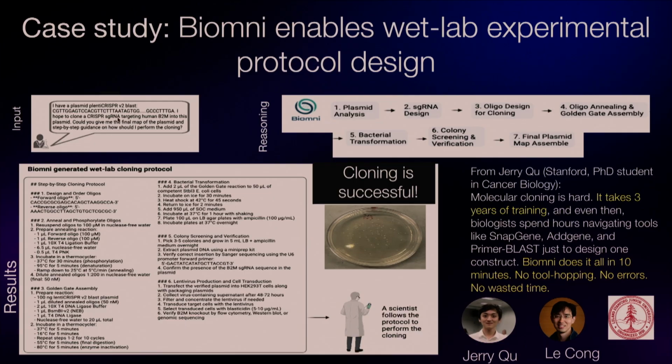They say, I have this plasmid for CRISPR, here's my sequence, I want to design a cloning protocol. The agent comes up with this 7-step analysis protocol, and at the end generates the cloning protocol, right? And if you look at this cloning protocol, it looks to me like a cooking recipe. You do something at this temperature for this long and things like that. But the point is, at the end, they tried it out and it worked.